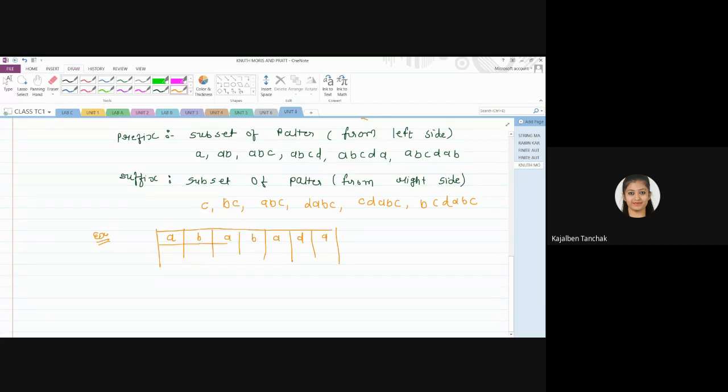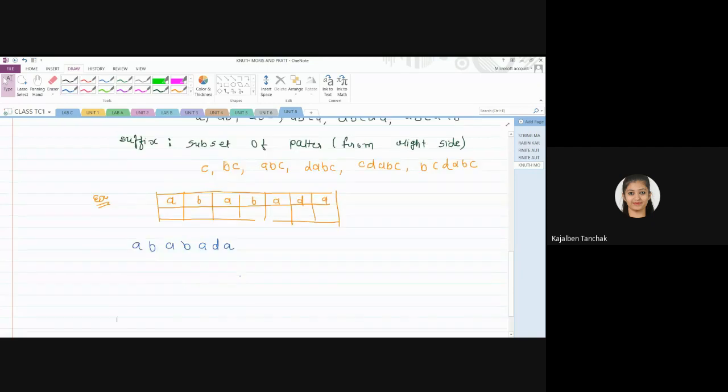This is the pattern we have, and we have to prepare the pi table. Let me write the pattern here: AB, AB, AD, A.